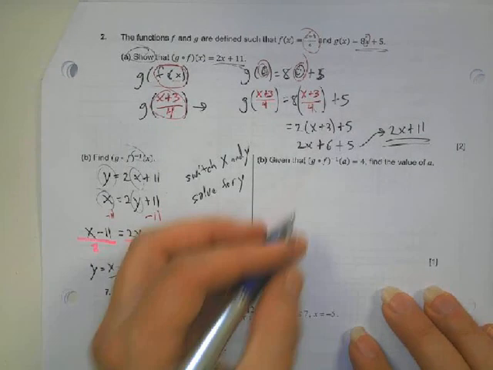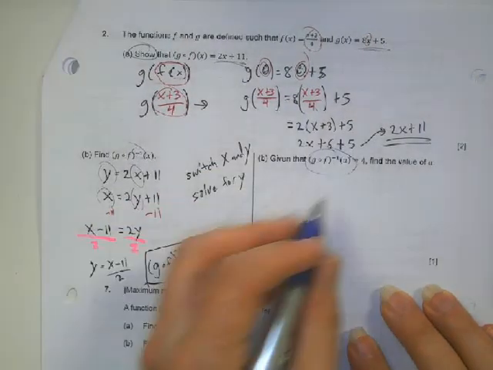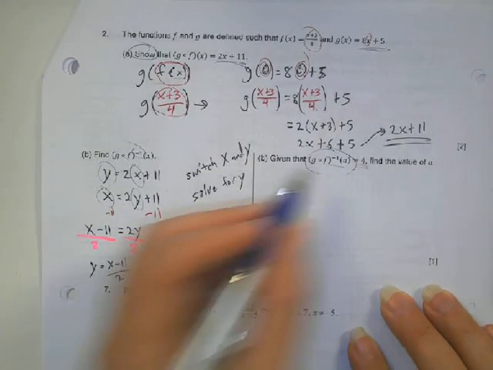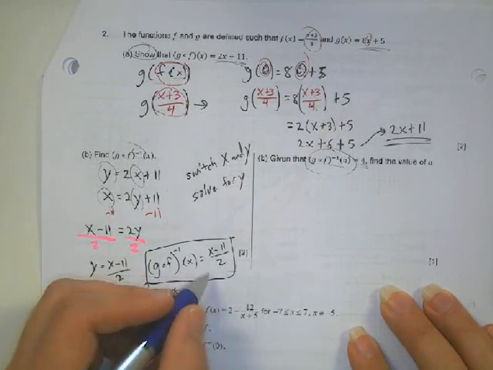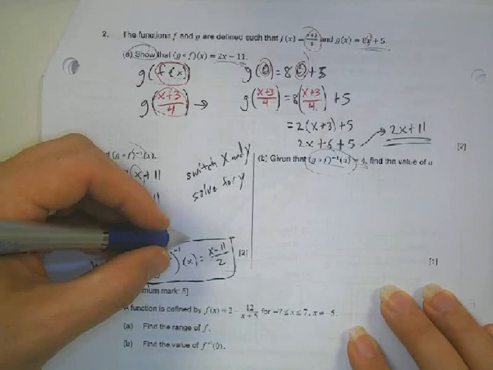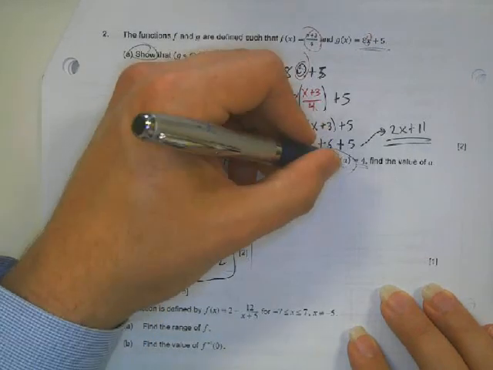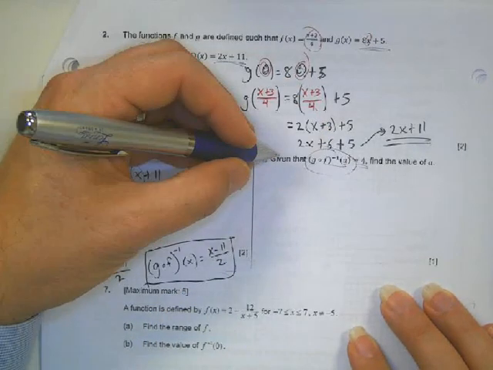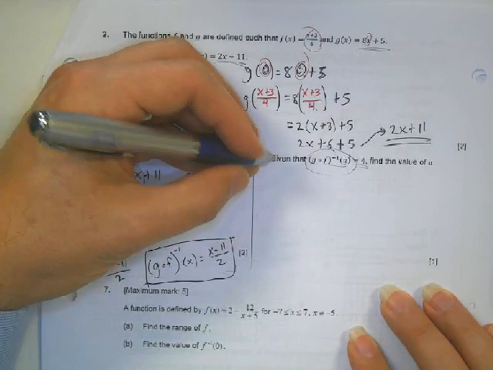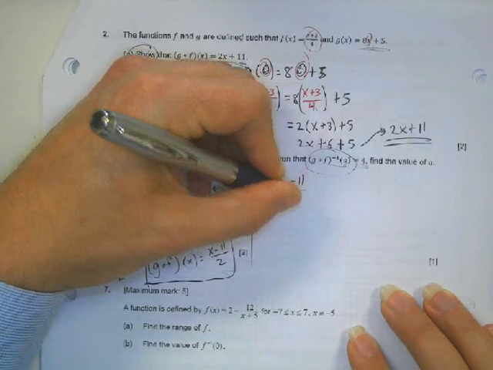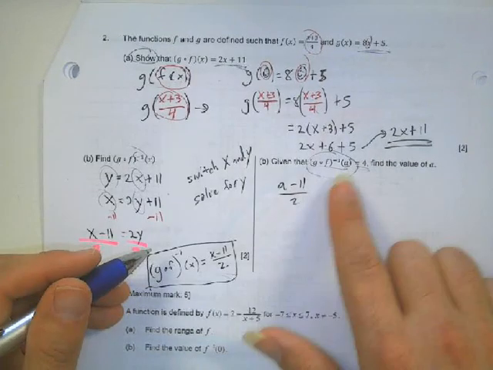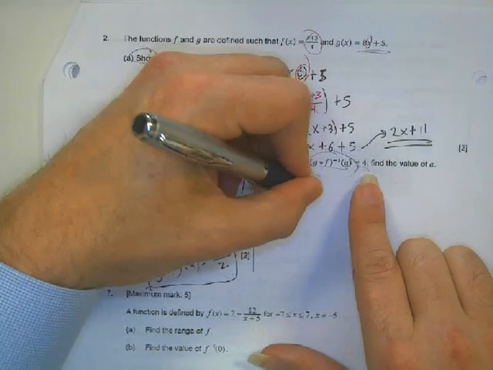Okay, given that the inverse of a equals 4, find the value of a. So we're going to take this function, and instead of x, I've got a. So I've got (a minus 11) over 2, and we know that this is equal to 4.